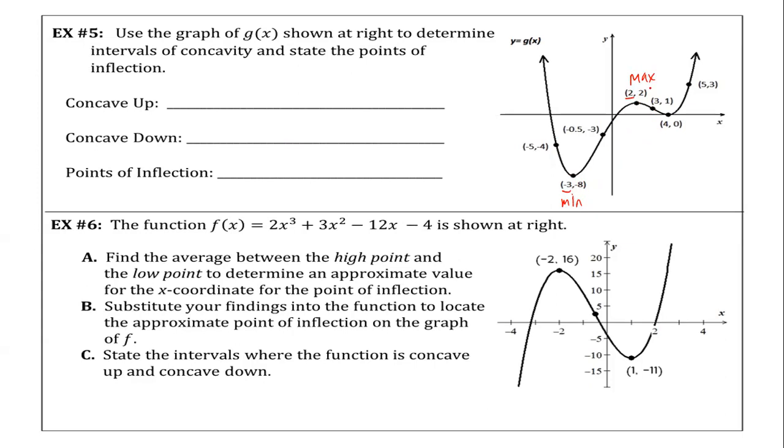Because I'm going from min to max, that means an inflection point lies between these two. You find that by finding the point in the middle, which just means you're finding the average, right? What is -3 plus 2? -1. And what is -1 divided by 2? -0.5. So this right here, we're going to call a POI, a point of inflection.